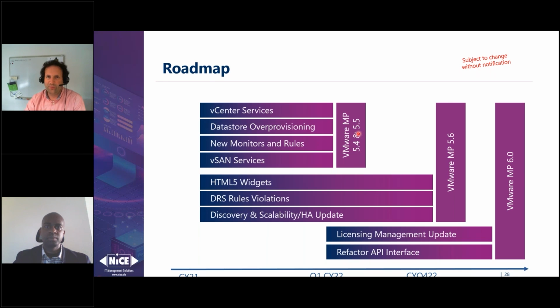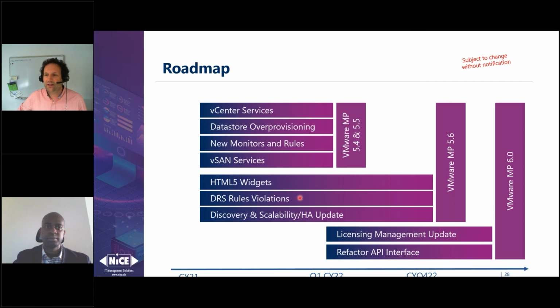And then we are already continuing to develop the next versions of VMware Management Pack. Where we do some for the HTML5 or web console from SCOM, we'll add some widgets, we do some updates on there. There is more about DRS rules for violations, affinity rules, and so on. So we are adding a bit more.